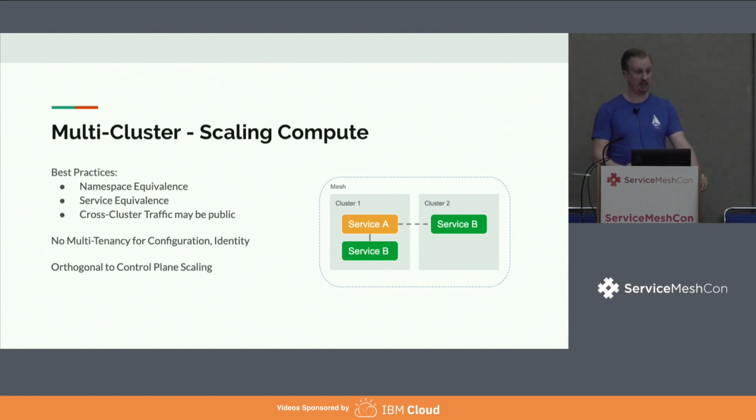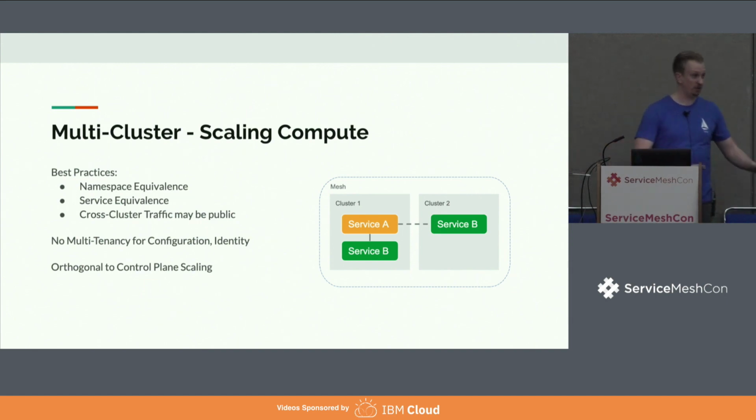Notice that cluster 2 is able to impersonate service B in this case. And if they were able to spin up a service with the same name as service A and namespace, they could impersonate service A as well. So this is not suitable for a hard multi-tenant environment, but potentially for different teams within an organization could be useful.